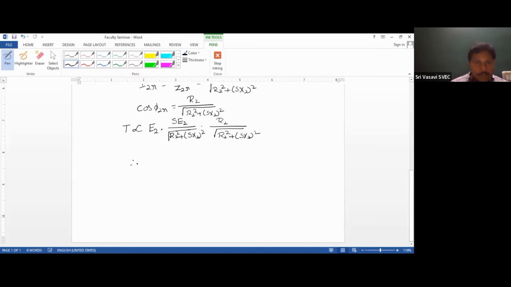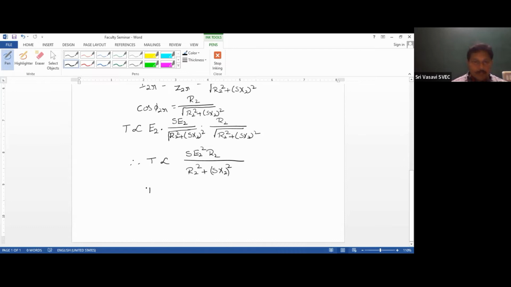Therefore T is directly proportional to SE2 square R2 by R2 square plus SX2 whole square.